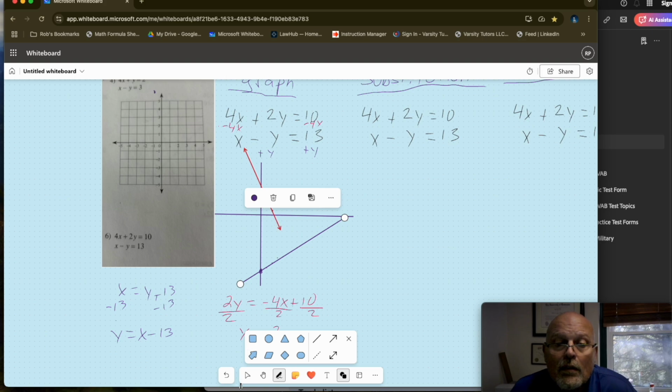Purple. And to get them to cross, what's going on here?